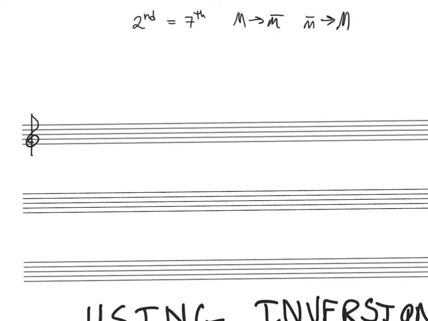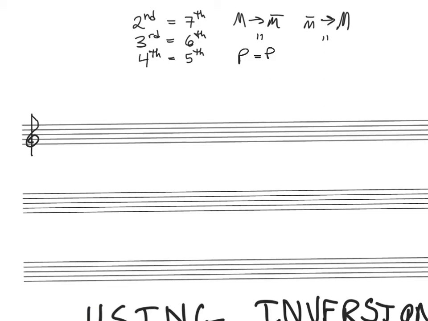So a second will become a seventh, and a seventh will become a second. And thirds, when inverted, will become sixths. Same game. Major will become minor, minor will become major. And last but not least, fourths will become fifths. And they are both perfect. So as long as they're perfect, they stay perfect.